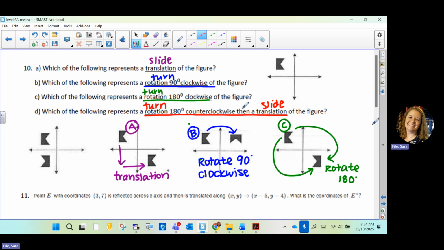Okay, so that works. It doesn't say how far they want it to slide. So it would rotate around here, like this, and then slide over. Does that make sense?